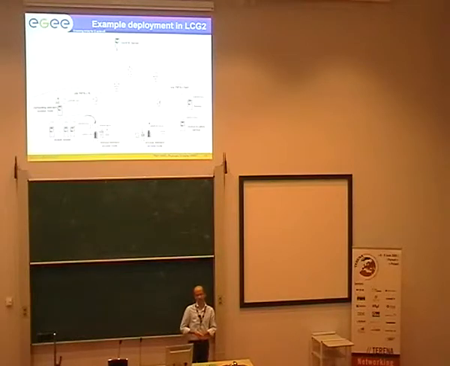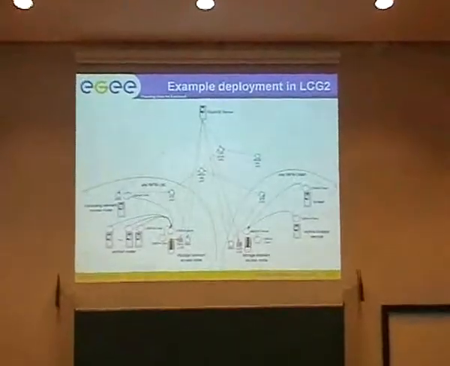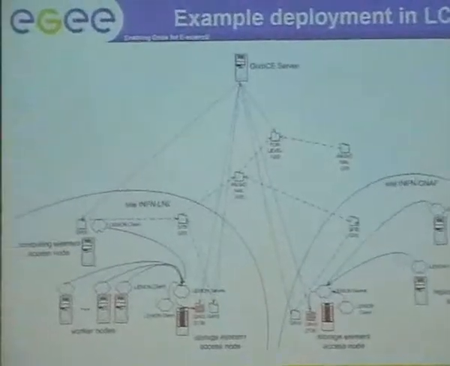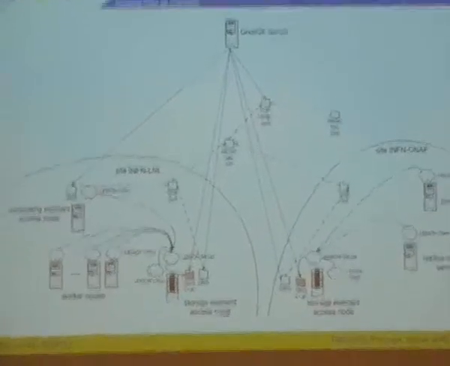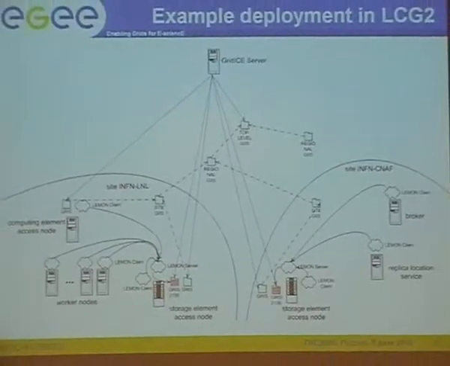This is an example of how currently we deploy GridIce on the LHC computing grid. We have 2 sites in this context, and the clouds are basically the Lemon agents that run the sensor of the machine and send the data to a collector machine within the site.